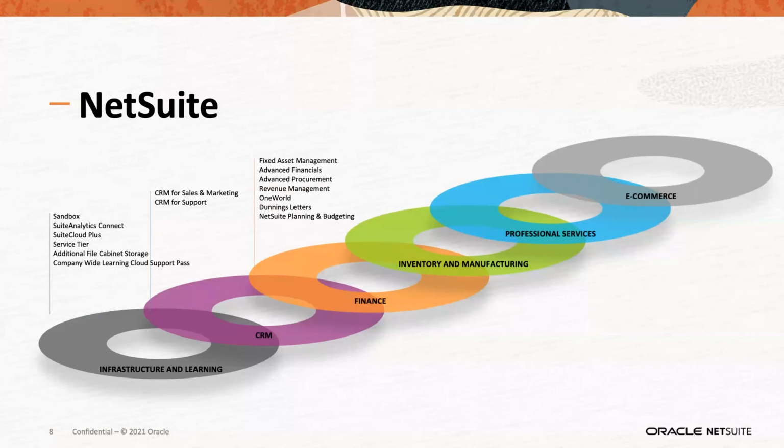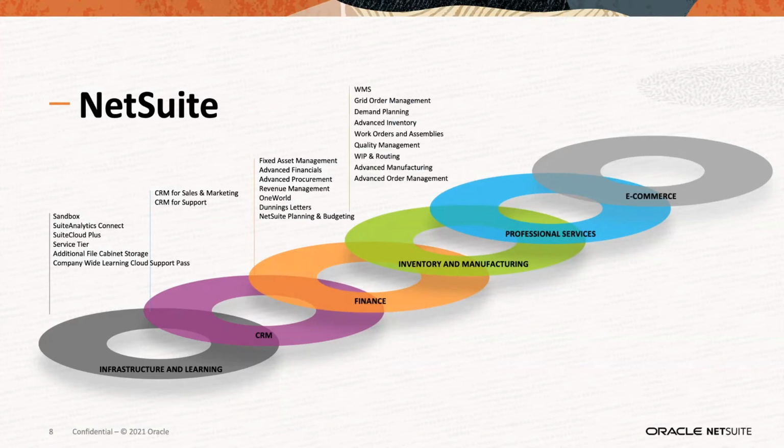Finance, there's plenty of additional modules there that customers can take advantage of. Inventory and manufacturing, highlight there is WMS. Can't wait to talk to you a little bit more about that. Professional services, both NetSuite's own in-product offering and a best of breed there offered by NetSuite, and of course, SuiteCommerce Advance.